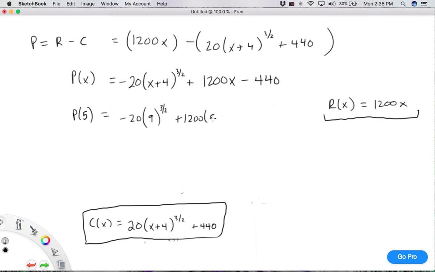That should be a 5, minus 440. Okay, 9 to the 3/2. Again, square root of 9 is 3. 3 to the third is 27. So this is going to be negative 20 times 27. 12 times 5 is 60. And then we put the 2 zeros back. Minus 440. Okay, I'm going to plug this into a calculator now.